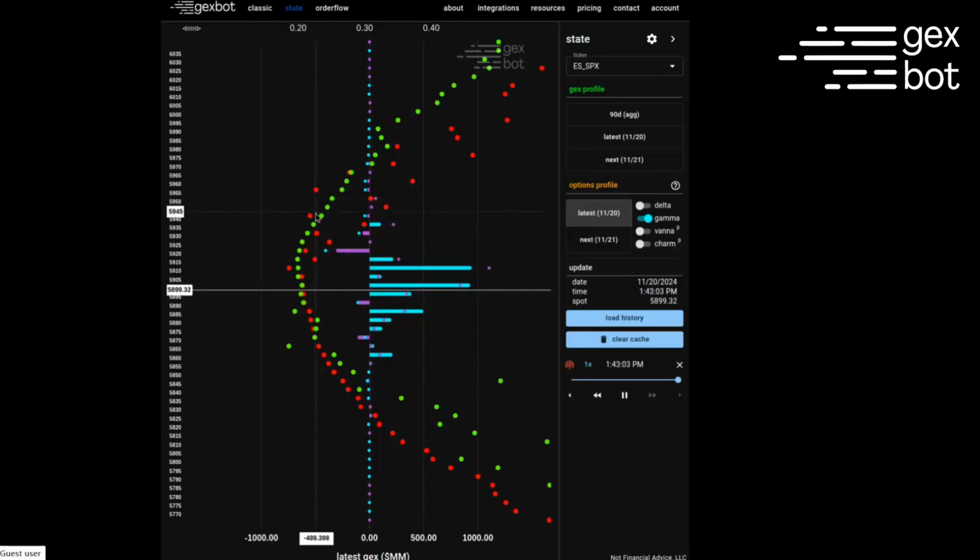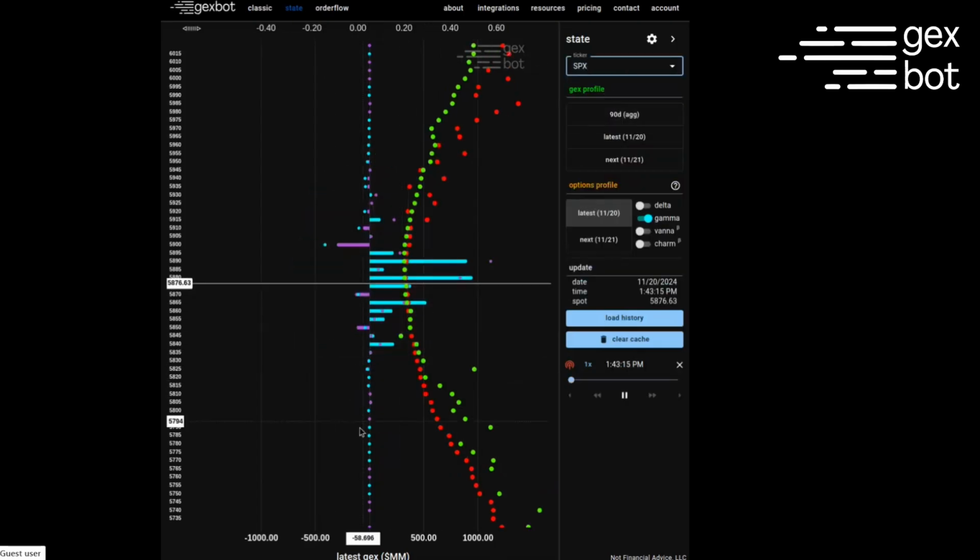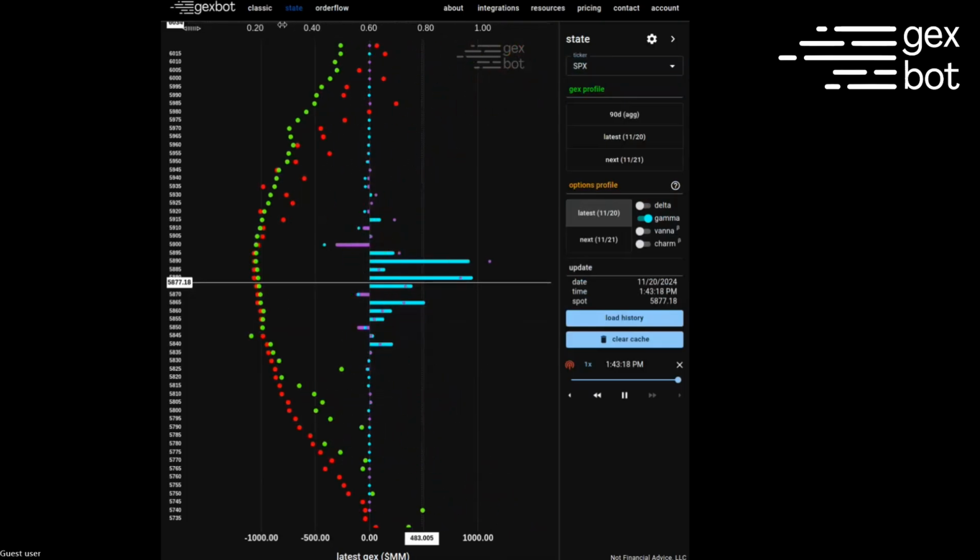But no, these vols. To clarify, these are the vols of the corresponding contracts. If we were looking at SPX, this is just the implied volatility of the 5815 puts. And volatility, I think it's easiest to think of as just the value of that contract.